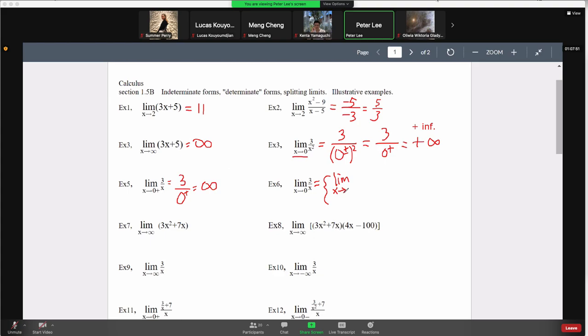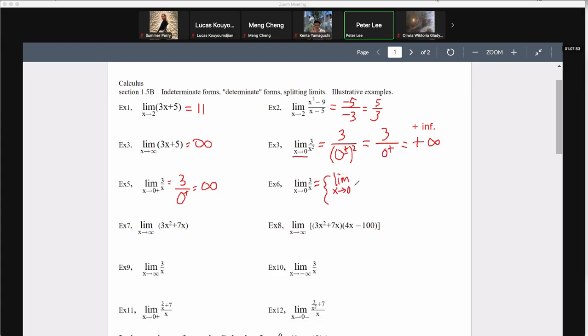Now we have to calculate 0 plus. We have 3 over x. And then the other branch, the bottom branch, second branch, is limit x approaching 0 minus. If you don't know exactly what's going on on both sides, or they're different, then you have to split this. So now what is this?